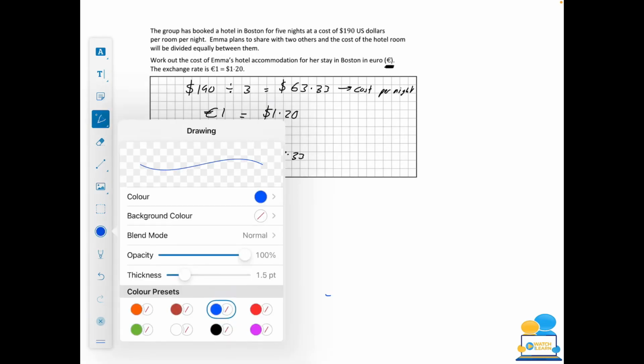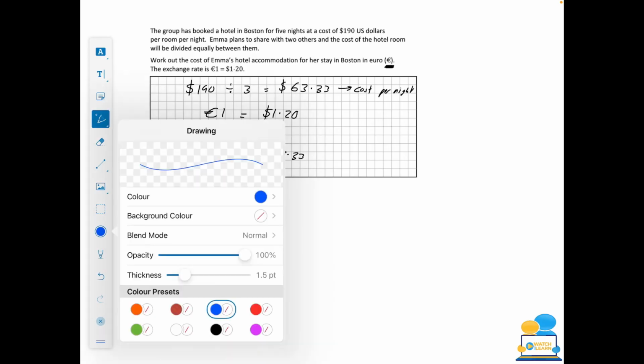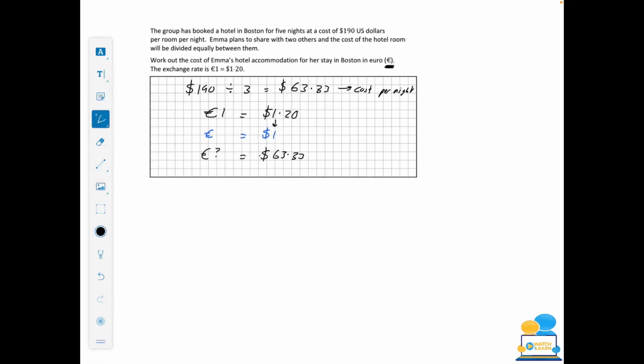Now, we want to know how many euros is $63.33. Technically what I have to do here is go from 1.20 to 63.33. I have no idea what I'll multiply 1.20 by to get to 63.33. So what I'm going to do first is find $1, and find out how many euros that is. I'm going to divide 1.2 by 1.2 to get 1.